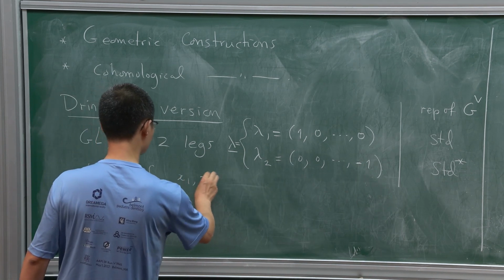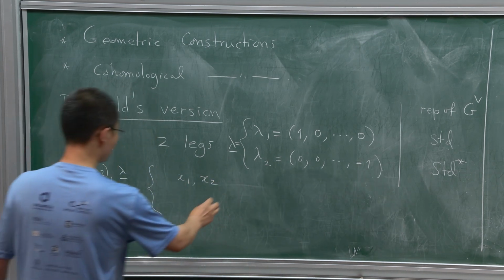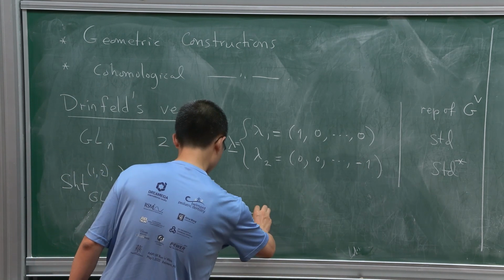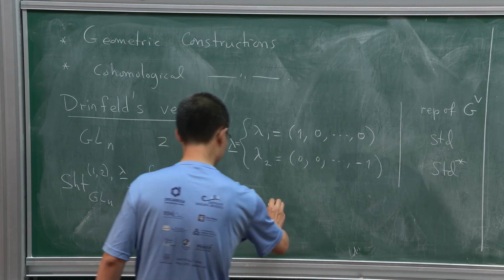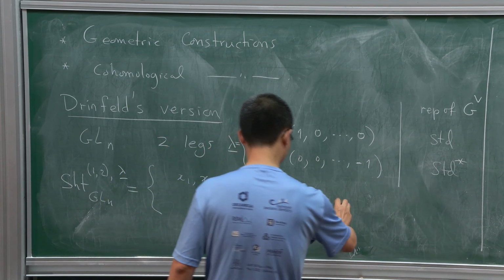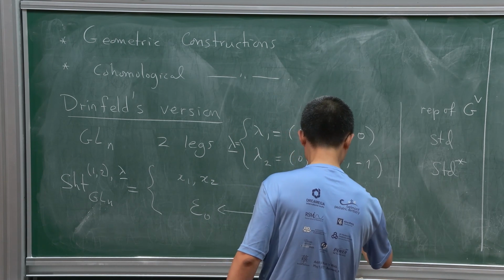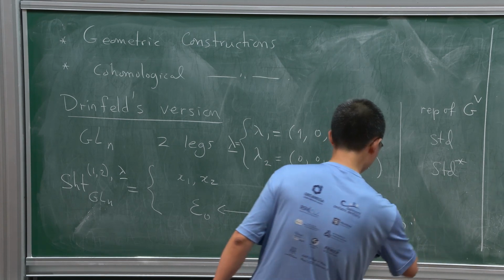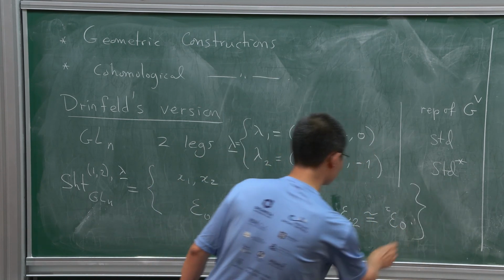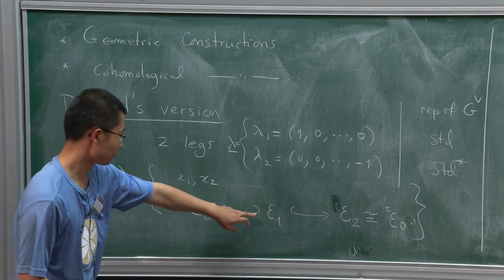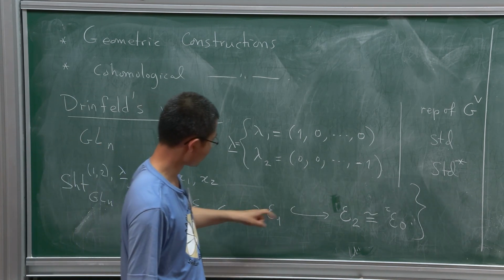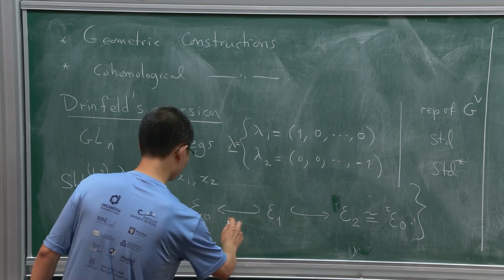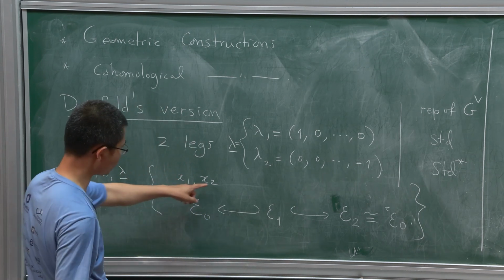points x1, x2 on the curve, and a diagram of vector bundles that looks like this. Well, E2 is isomorphic to the Frobenius pullback of E0. And all these are solid arrows, so they don't have poles, but they have zeros at x1 and x2.